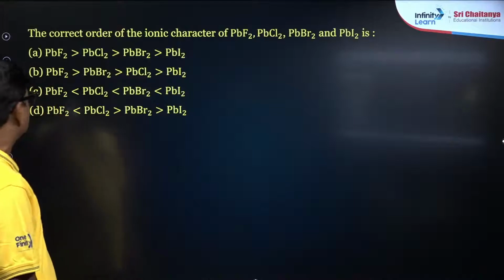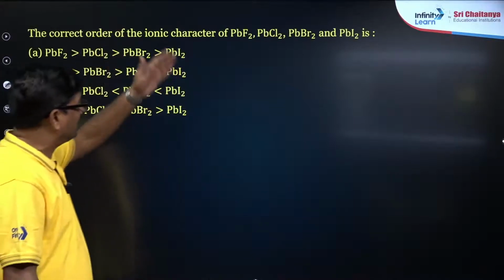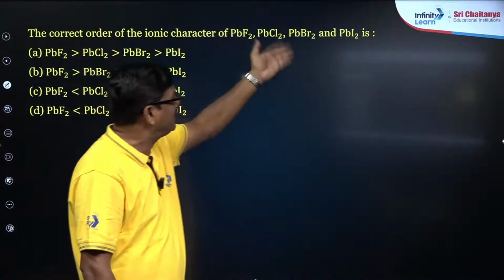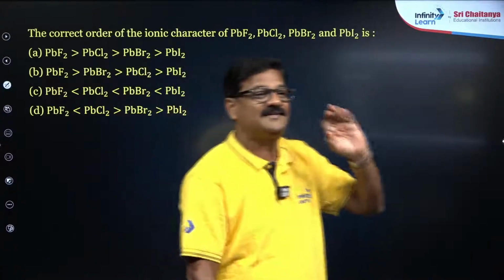Also see the correct order of ionic character: PbF2, PbCl2, PbBr2, PbI2. You can answer this question using simple logic.